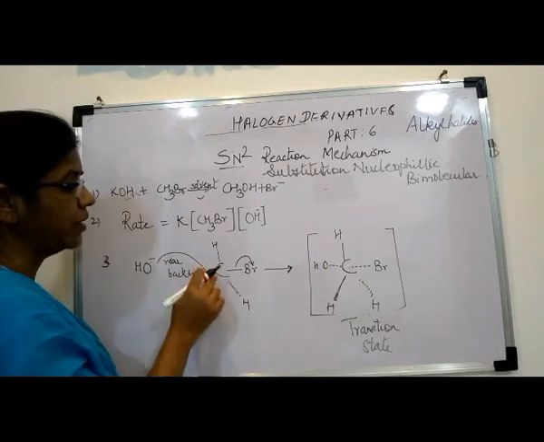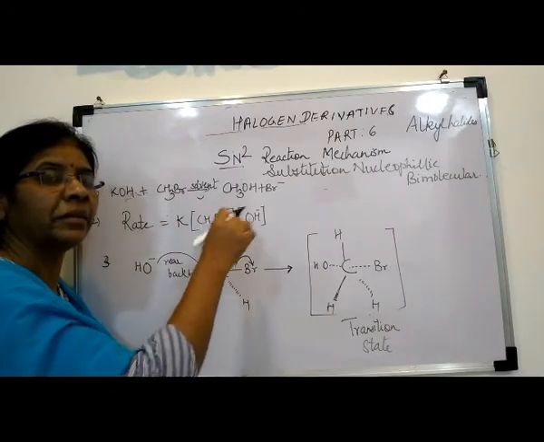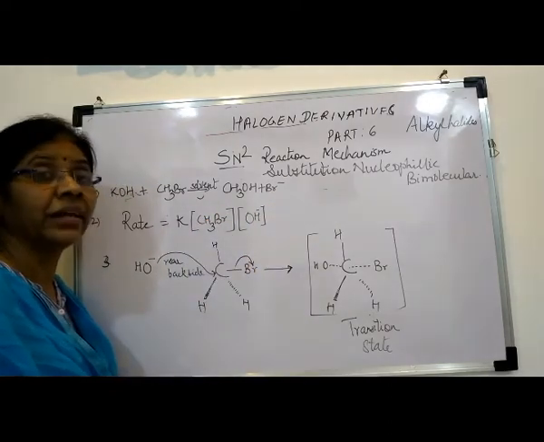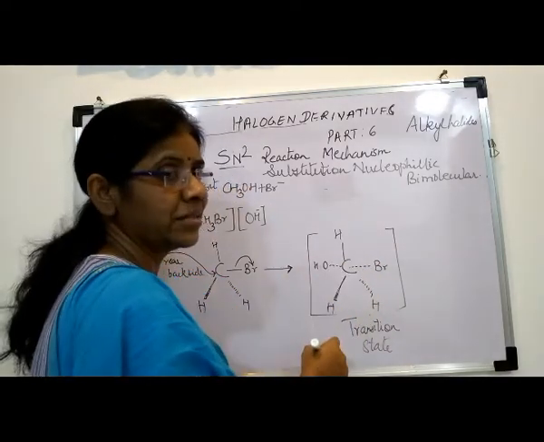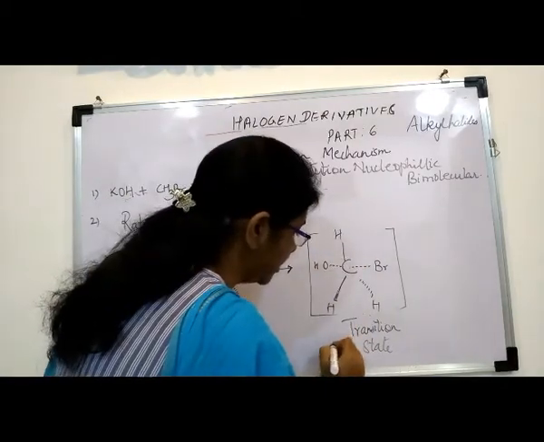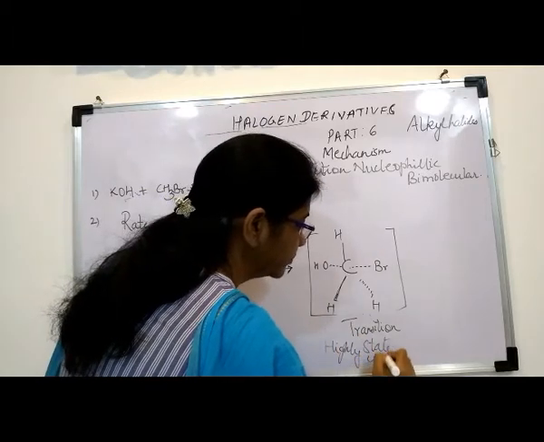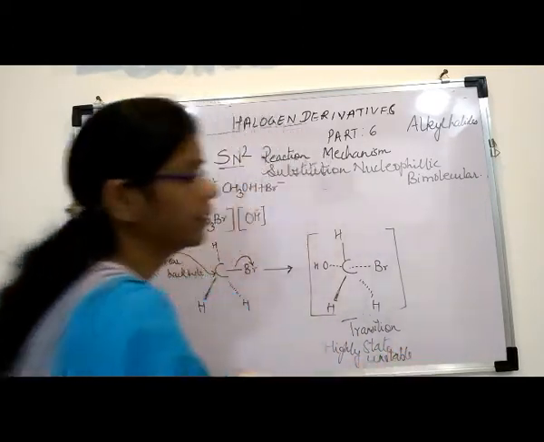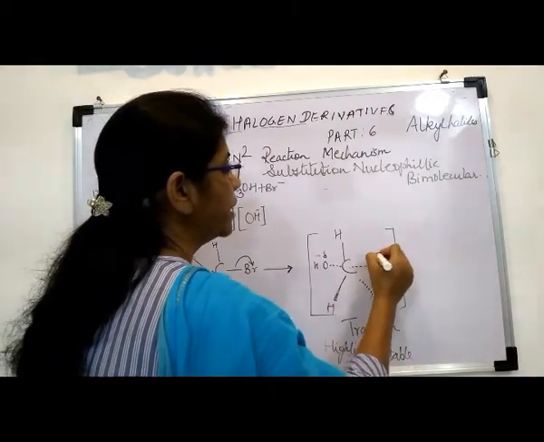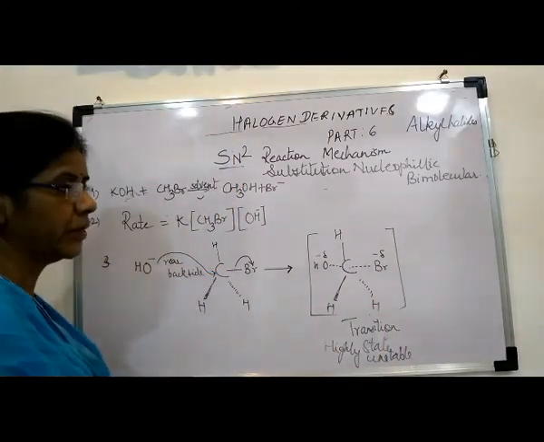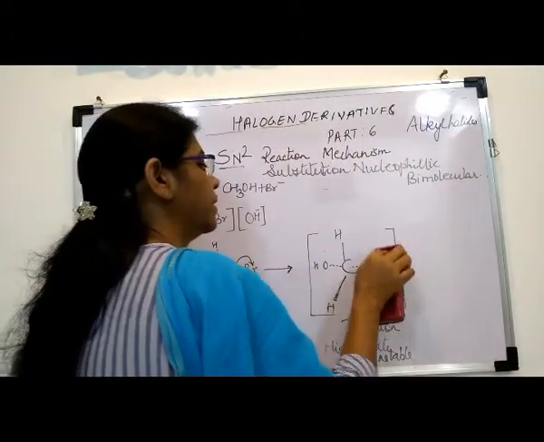And OH will, at the same time, attack the carbon at that point where the Br has left. And then you will get this condition of carbon, where carbon is in this state, it is highly unstable. Highly unstable. Correct? And the partial negative charge, or minus half, you can show, or we also show it like this.